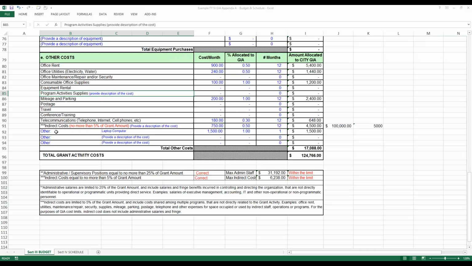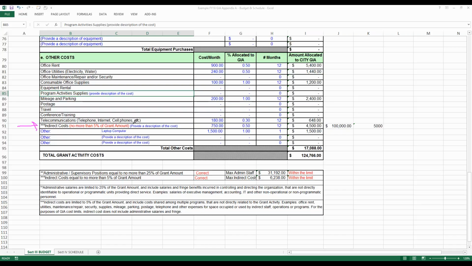So as I mentioned before, this indirect cost is a separate line from the ones above. The other costs above relate to your program, but the indirect cost is kind of like a shared cost between maybe different departments or different programs, which are not directly related to the program itself.